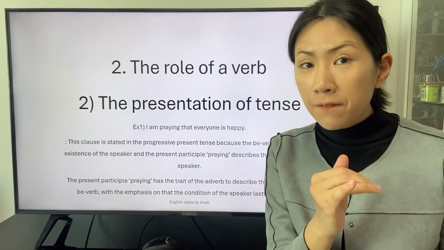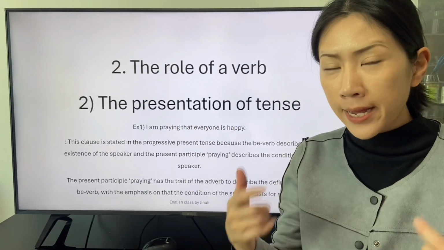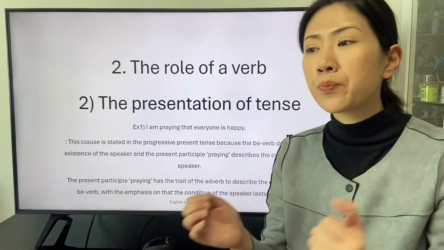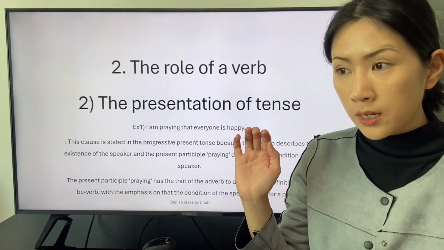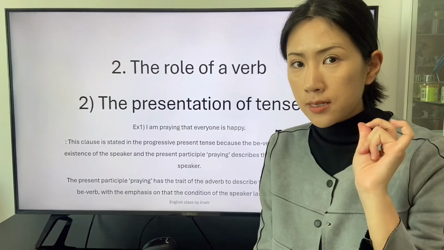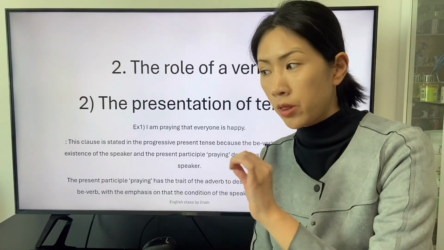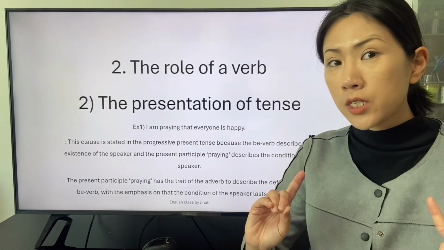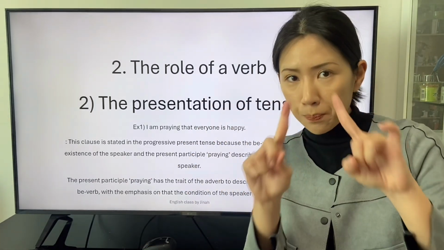When the converted form of the verb with 3 letters ing is applied as an adverb or an adjective, the converted form of the verb with 3 letters ing is called a present participle. The converted form of the verb with 3 letters ing is that the definition of the original form of the verb lasts for a period.